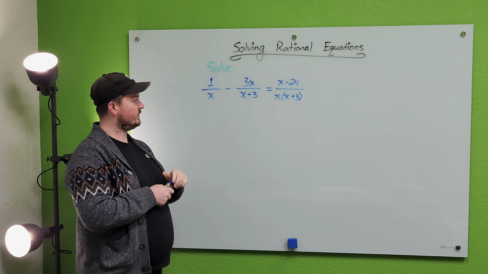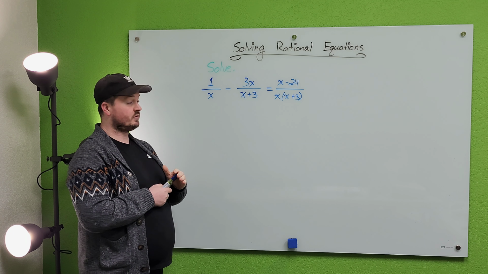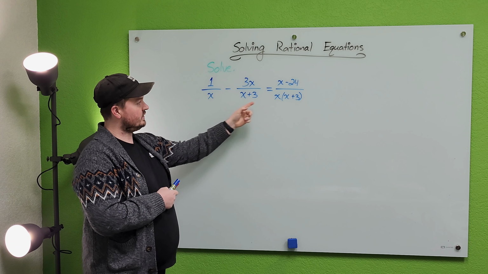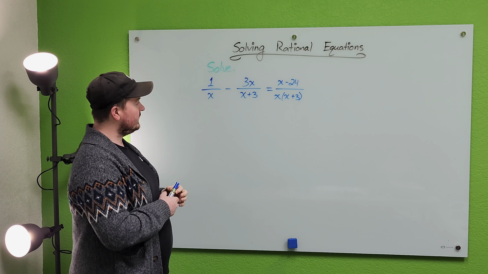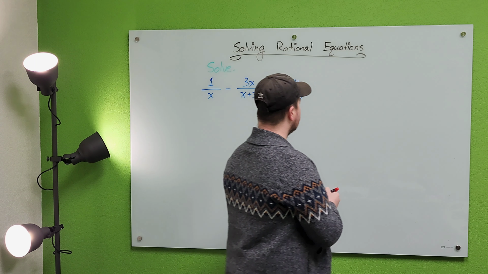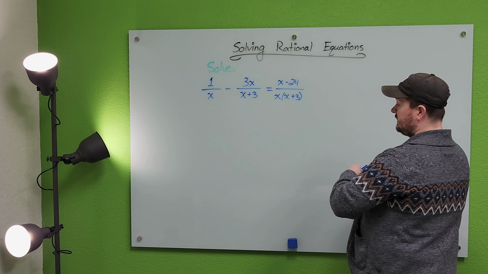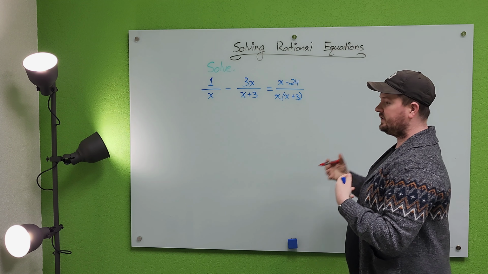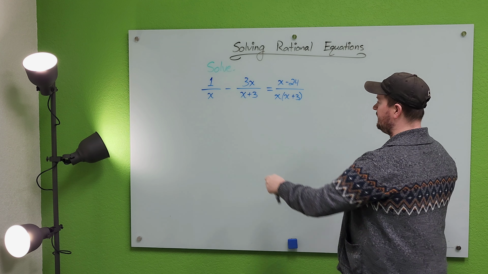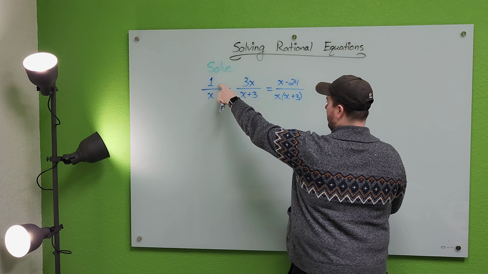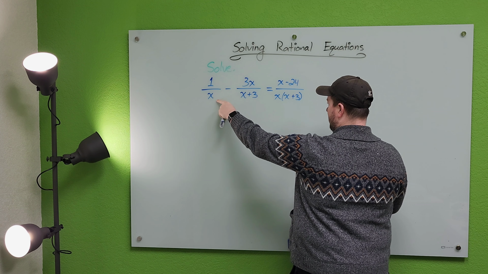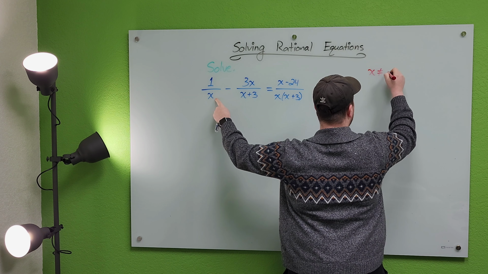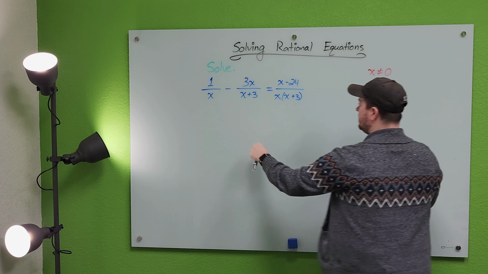So initially, when you're solving for restricted values or values that would make the denominator 0, you start by factoring each denominator. And after you factor each denominator, you want to set each factor in the denominators equal to 0. And I'm going to actually say that these factors are not allowed to equal 0. So since right here we're dividing 1 divided by x, x is not allowed to be 0.